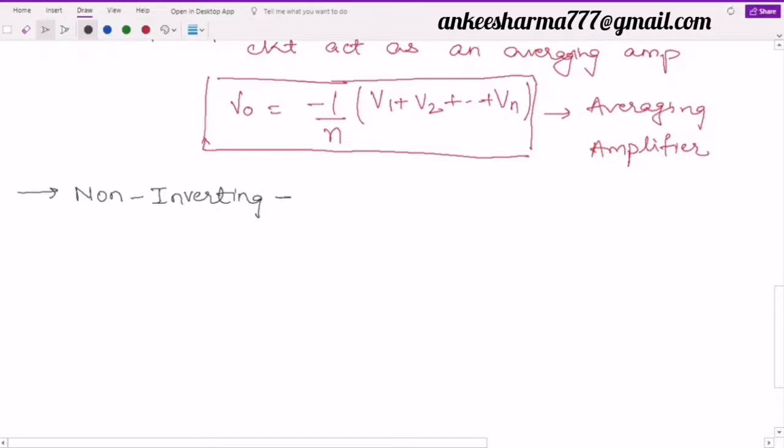Non-inverting case, right? So in the non-inverting case, as we know, the inputs will be applied to the non-inverting terminal, so I will draw the diagram here. So this is my operational amplifier.